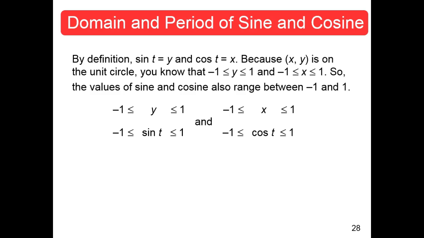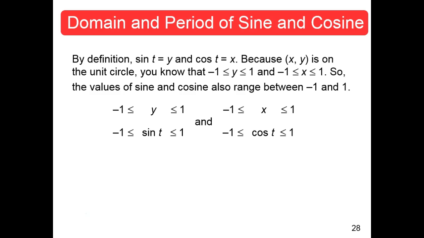Because x, y is on the unit circle, you know that the x's stay between plus or minus 1, and the y stays between plus or minus 1. The previous picture showed that. So, the y is sine t, the x is cosine t. So this defines the range, okay? And the t is going to define the domain.